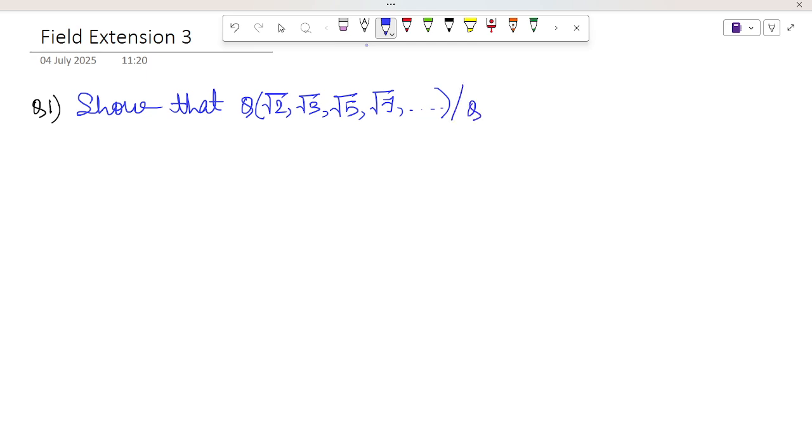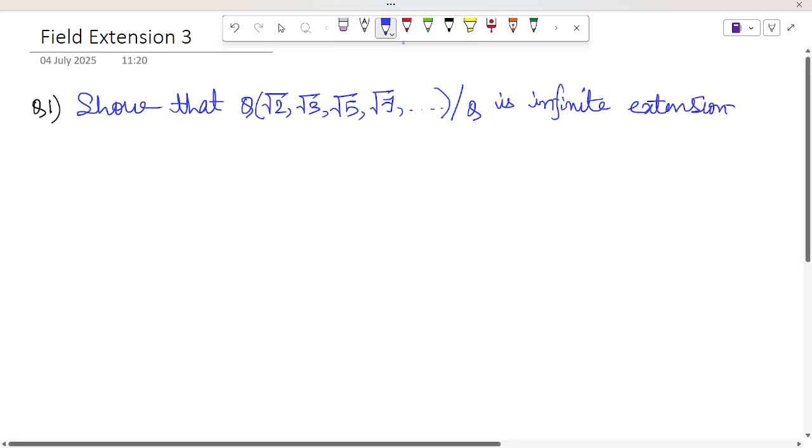That is the set of all the field of all rational expressions, so it is a field extension. Is it infinite? How to prove this?